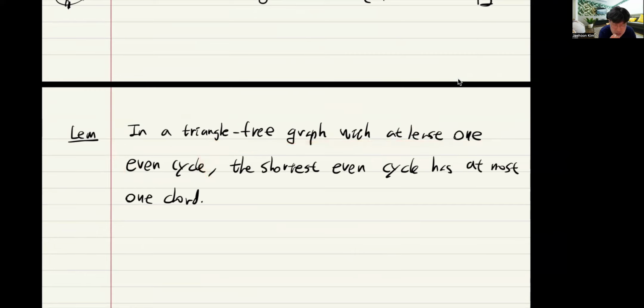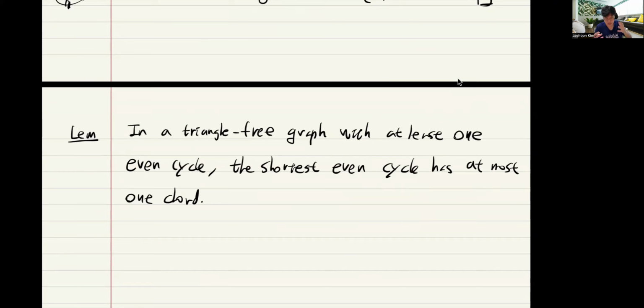You will see later. After proving this lemma, we will consider some graph which is two-connected but not a complete graph or an odd cycle. We want to show that it has an even cycle with at most one chord, unless it is triangle-free.